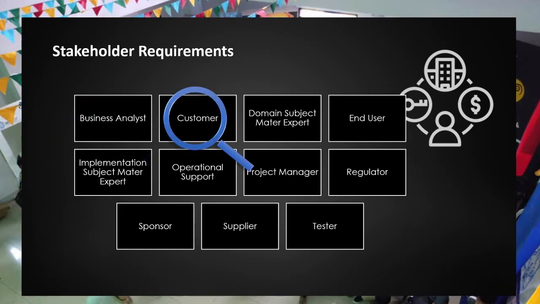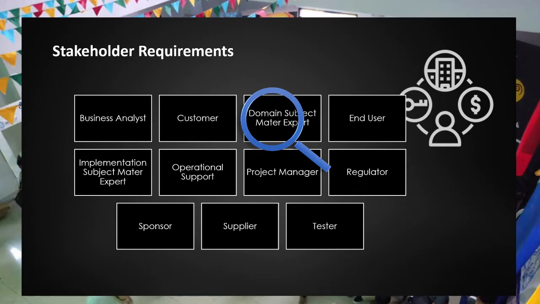Another stakeholder is the customer. A customer uses or may use products or services produced by the enterprise and may have contractual or moral rights that the enterprise is obliged to meet. Another stakeholder is domain subject matter expert.